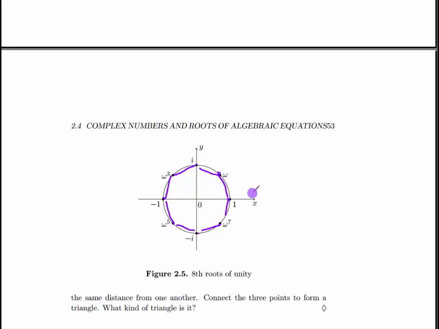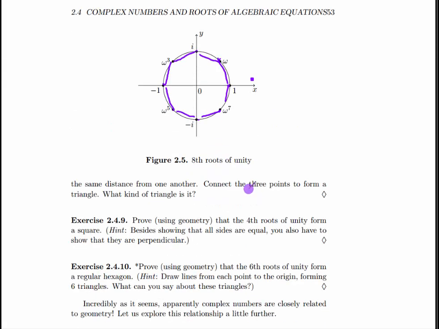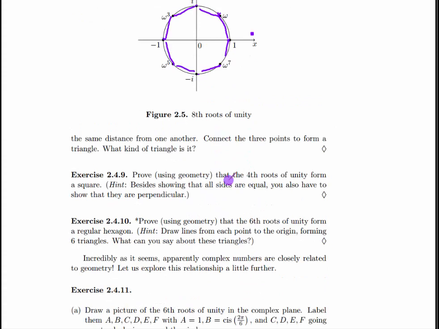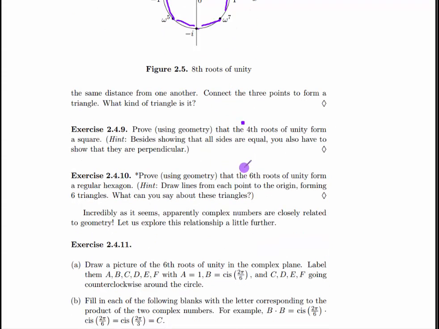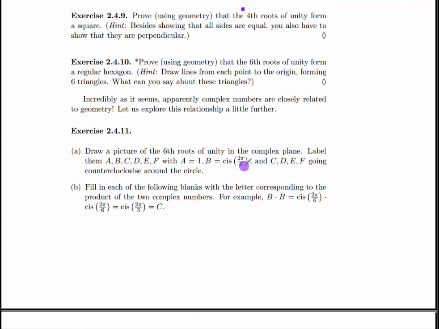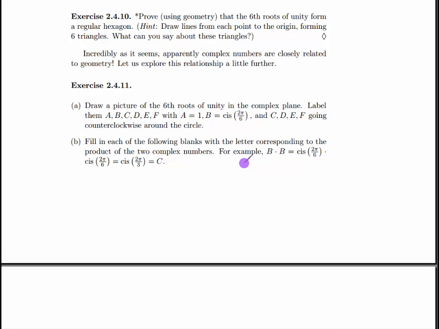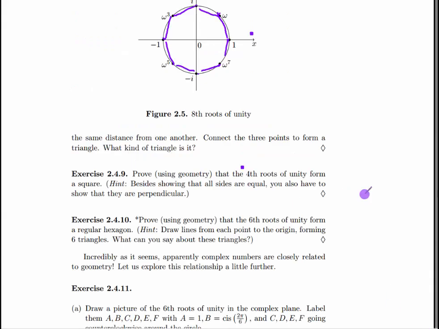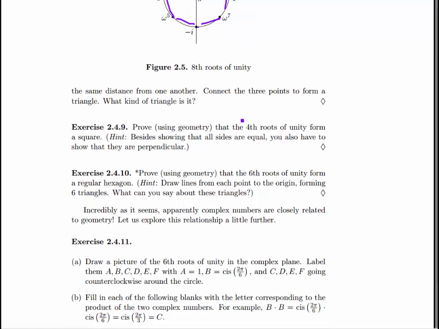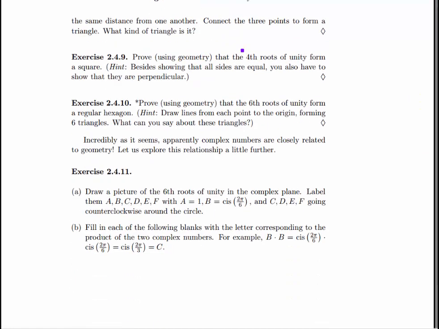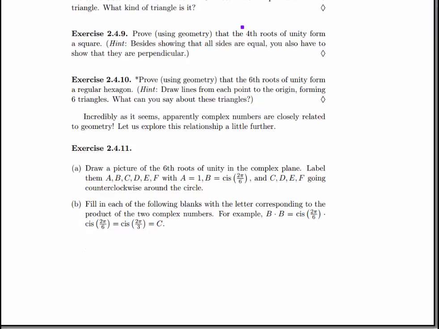And in fact, this is a general property, as you'll show with these different exercises, that third roots of unity form an equilateral triangle, and so on. We have also some exercises here to explore the relationship between roots of unity and geometry.